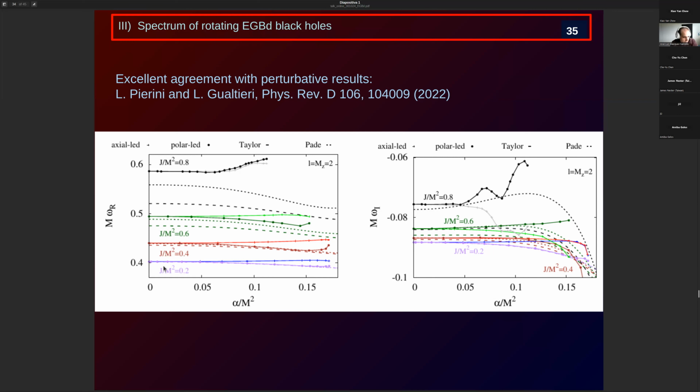Especially, of course, the smaller the angular momentum is, because the result is for a small angular momentum. As you increase the angular momentum, the differences become larger and larger, but still it gives you a qualitative idea, as you can see, of what's going on. So that's also another test. So let me summarize a little bit the idea.